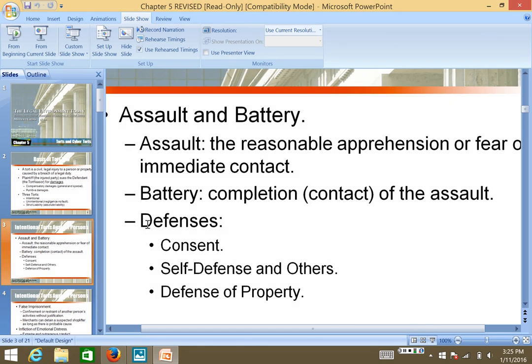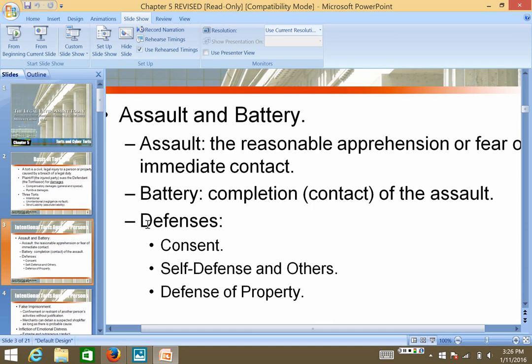The assault is not a physical contact, but it is the placing of someone else in reasonable fear of receiving harm, contact or harm, and the battery is the actual completion of the assault, or more commonly referred to as either a harmful or an offensive touching. And I'm going to explain that here in just a minute.